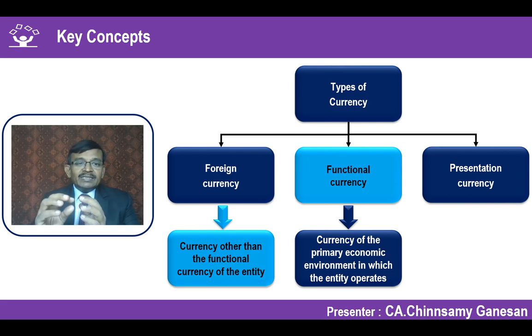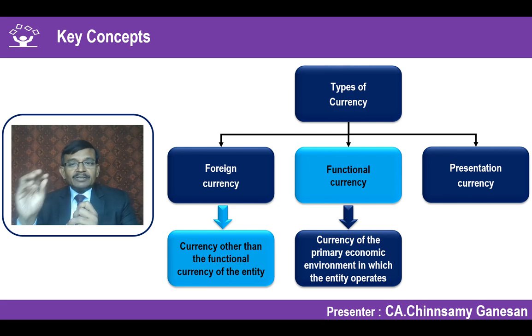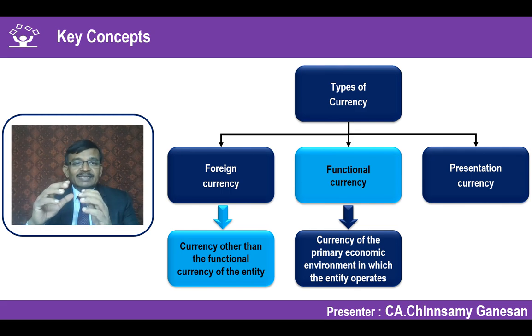When the functional currency is different from the presentation currency, we call that a translation. Remeasurement is different and translation is different. In remeasurement, the assets and liabilities, income and expenses, or the transaction itself is remeasured, and the impact is accounted in a different style or different principles.